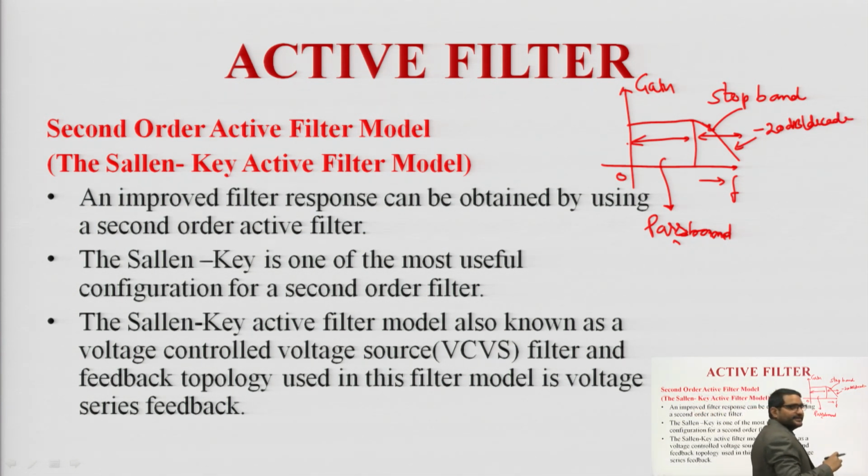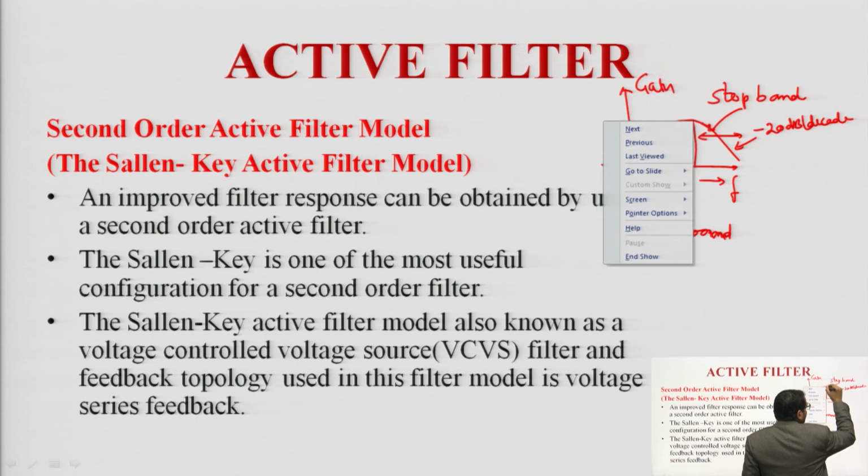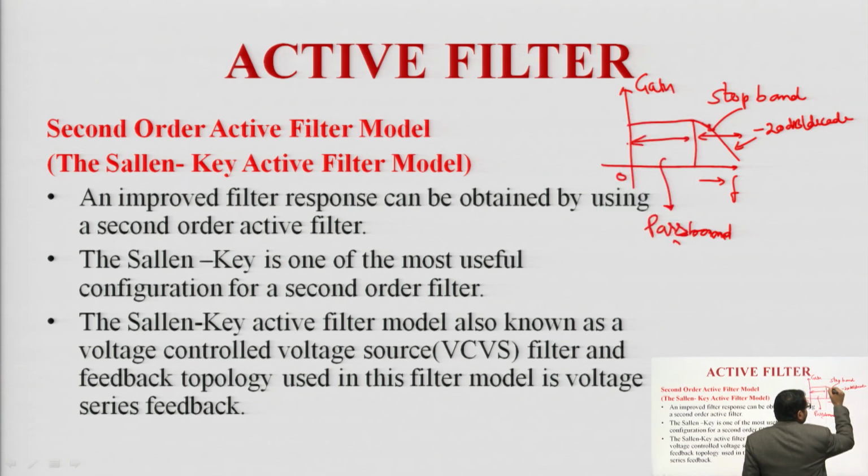If you consider the second order filter, the roll off rate looks like this, and it comes to minus 40 dB per decade.